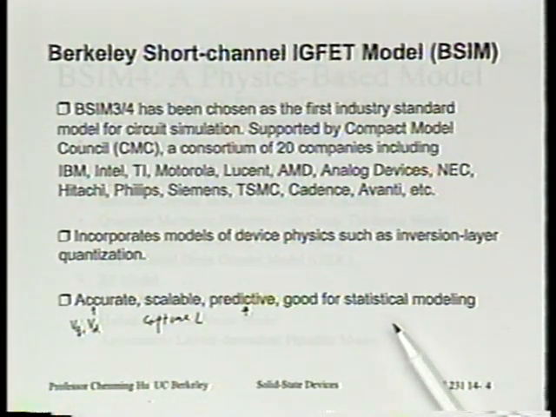Statistical modeling means, in the variation, we have this somewhat random variation of oxide thickness. Is that right? From lot to lot, day to day, right? And how are you going to model that change in SPICE?